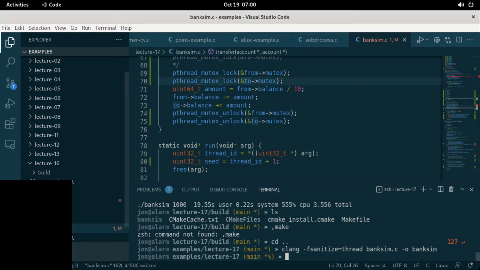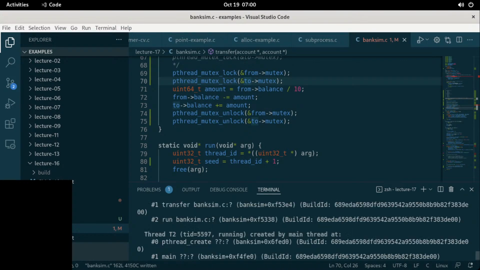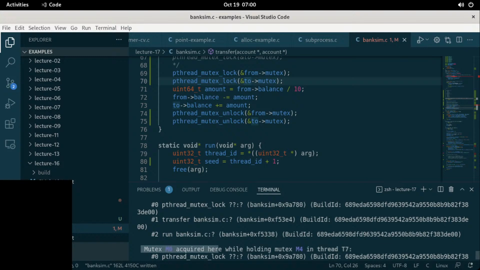In this case, I know I have a deadlock, and if I run this, it will actually give me some useful output and kind of yell at me. It says, hey, mutex M0 is acquired while holding M4. That's telling you that you have a hold and wait condition, which means you have a possibility of a deadlock. And that's really the only thing, aside from reading the code, that will help you debug it. So that's pretty cool.